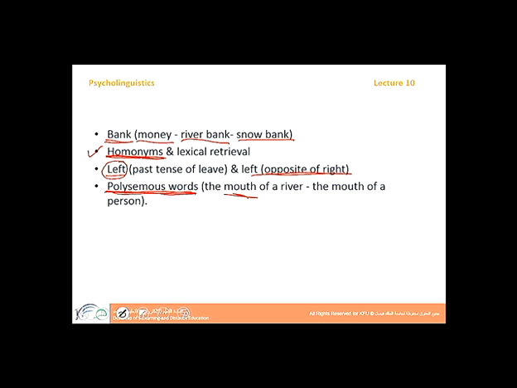We say there's the eye of the needle. This is where you put the thread in. The needle has an eye. This is similar to the idea of the eye as a body part. So this is called polysemy, polysemous words.